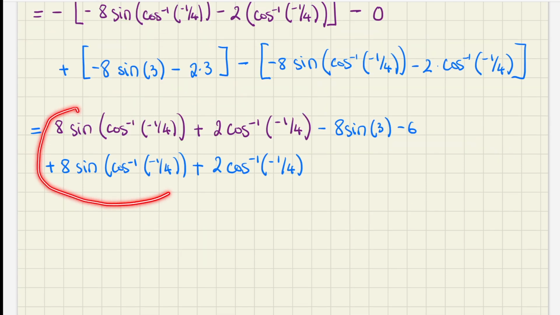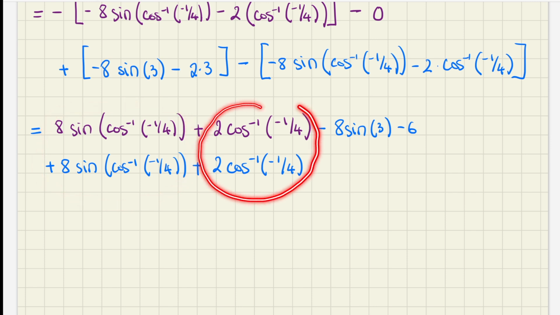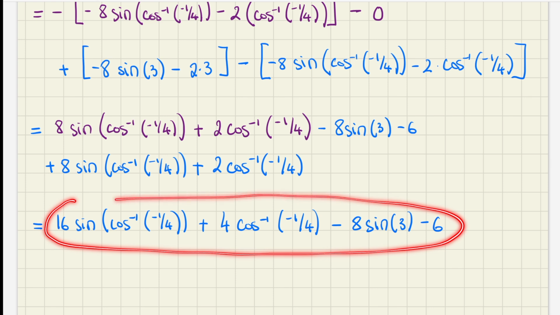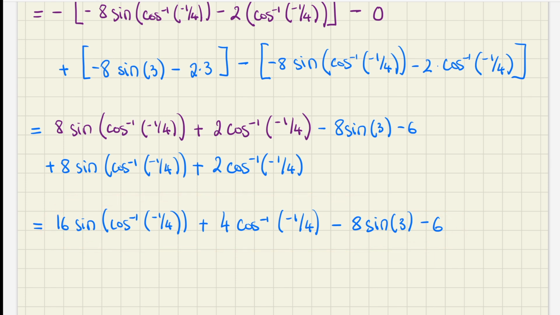These two are like terms, so I have 16 sine of cosine inverse of negative 1/4. And these two are like terms as well, so I have 4 cosine inverse of negative 1/4. And minus 8 sine of 3 minus 6. And we'll put this in our calculator to get the value. Make sure your calculator is in the radian mode.